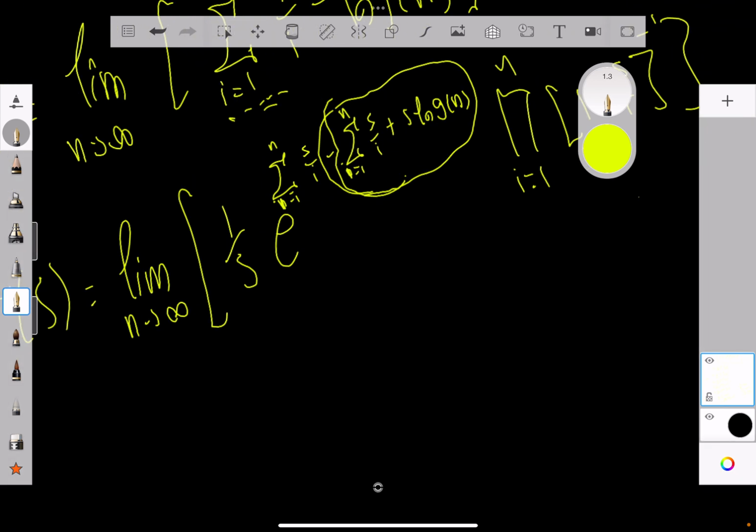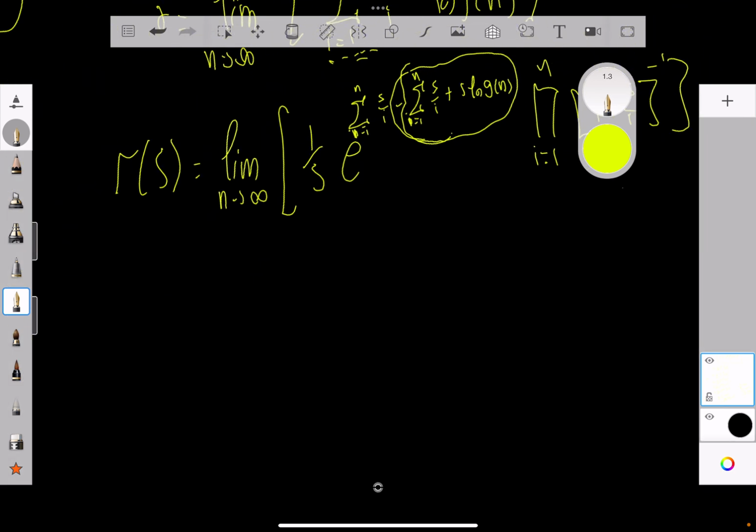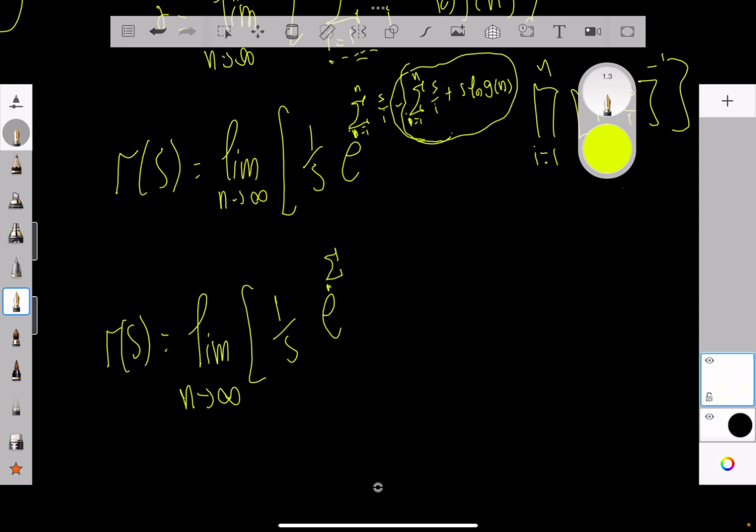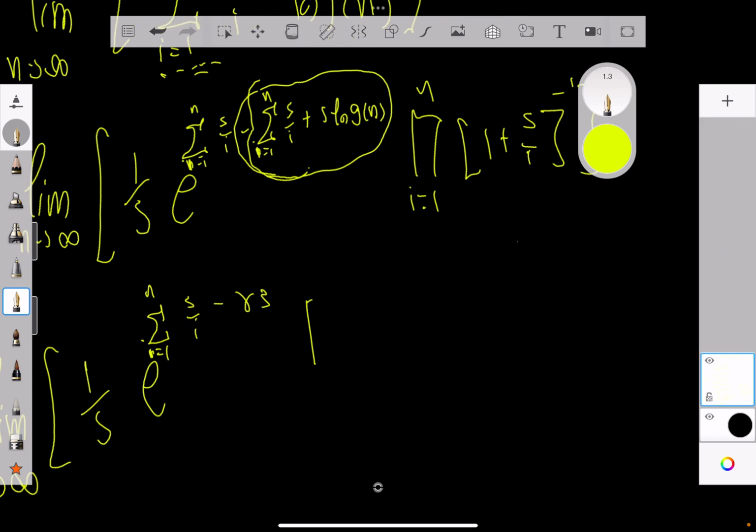So we can change that into: gamma of s equals the limit as n approaches infinity of 1 by s, e to the power of the sum for i equals 1 to n of s by i minus the Mascheroni constant multiplied by s, times the product for i equals 1 to n of (1 plus s by i) to the minus 1.